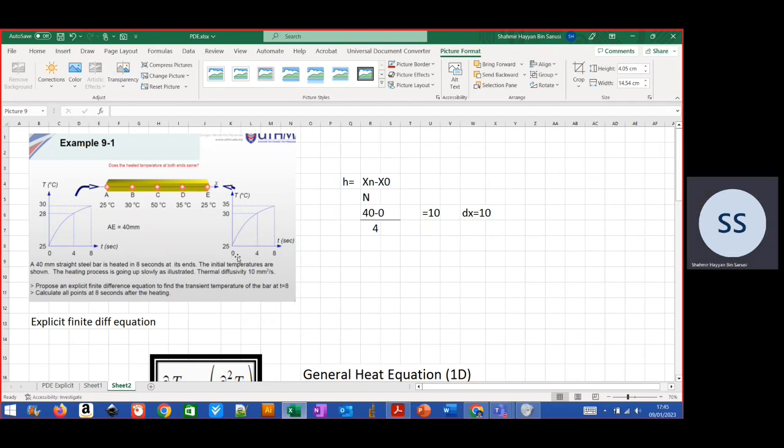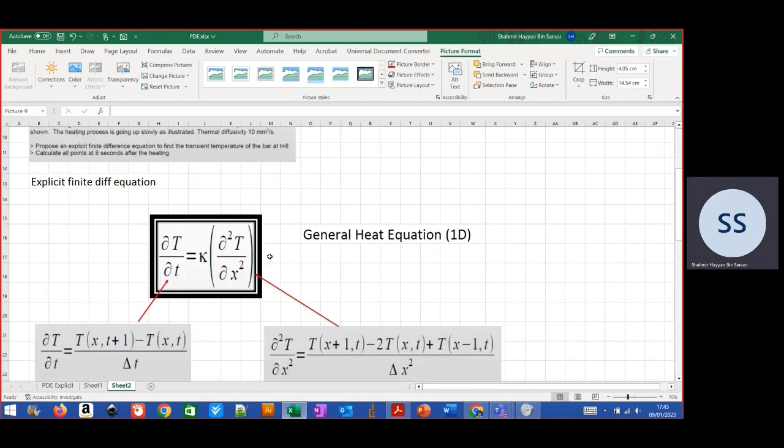So if this is T, this is T plus 1, and this is T plus 2.